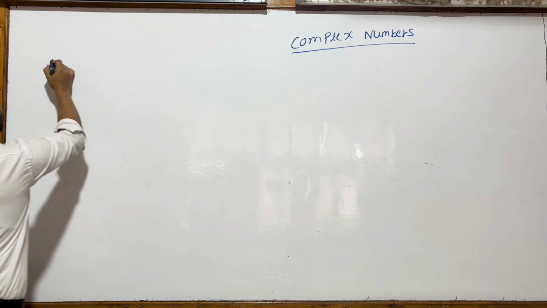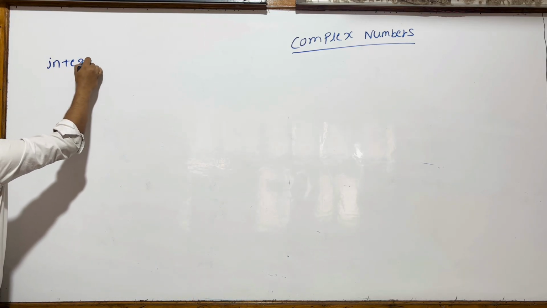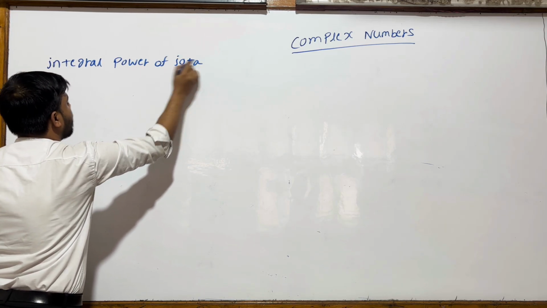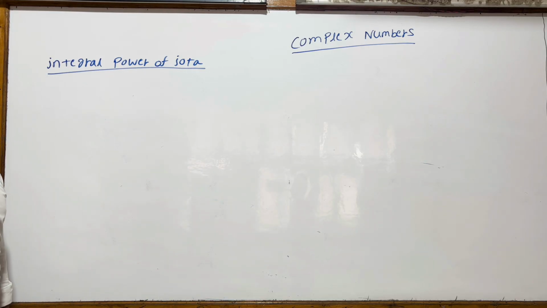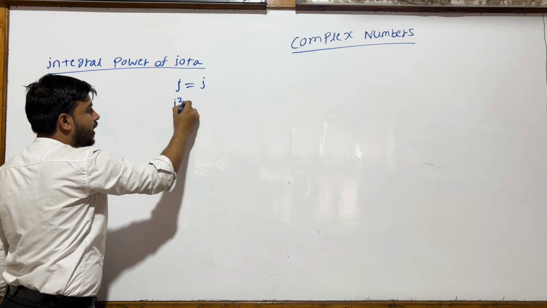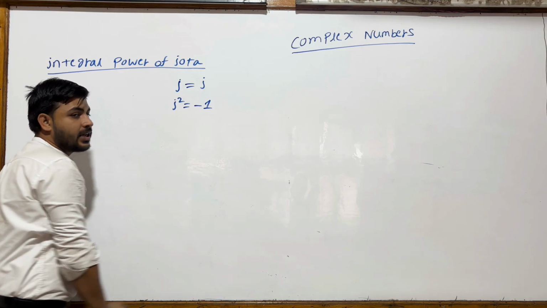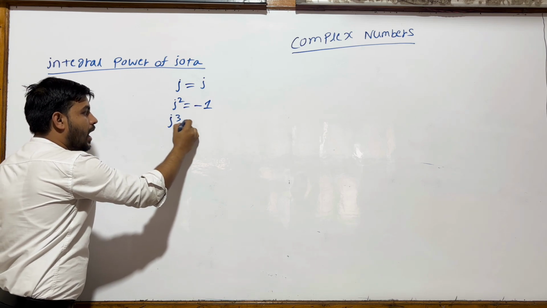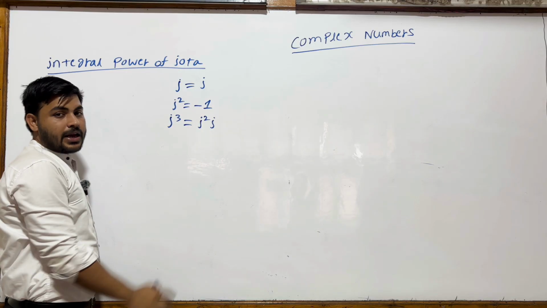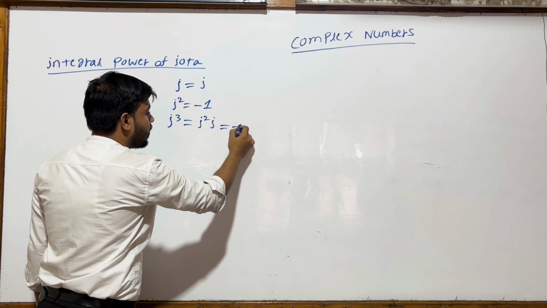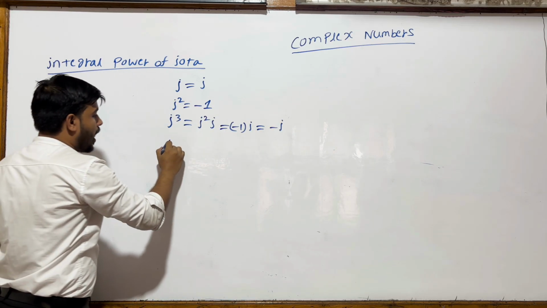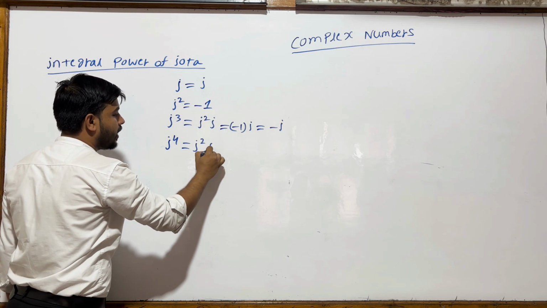Next, we discuss the integral power of iota. What is the integral power of i? Look: i to the power 1 is i. The value of i square is minus 1. i cube can be written as i square into i, and the value of i square is minus 1, so minus 1 into i, that is minus i. What is i to the power 4? i square into i square.